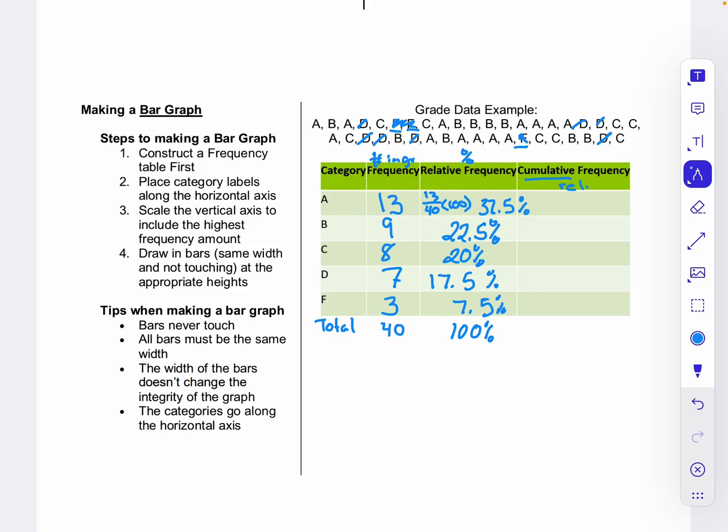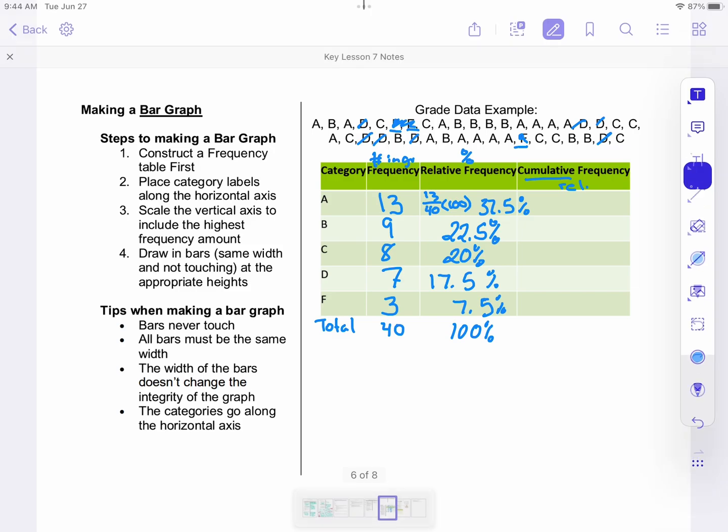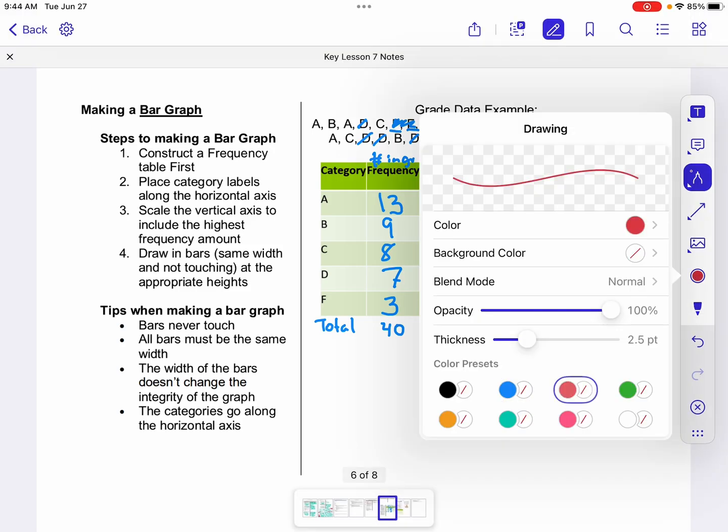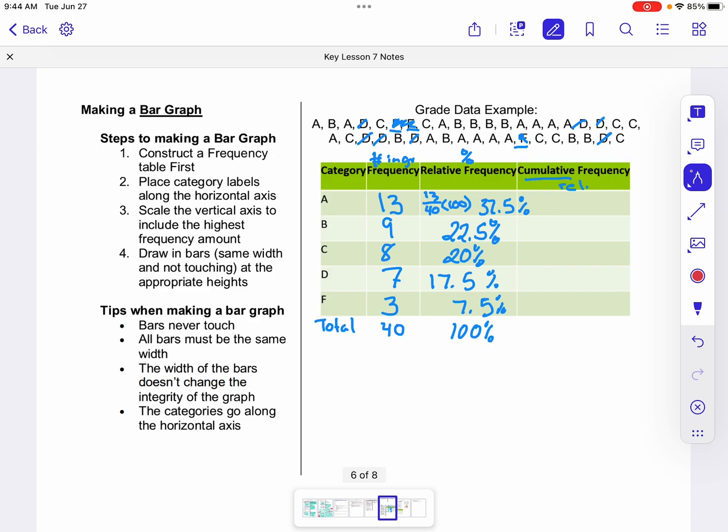Cumulative frequency without the relative in there would really just be adding up the frequency values. We're going to, for the most part, do cumulative relative frequency, in which we add up the percents as we go. What I mean by that is, I'm going to switch colors here just so we have a different color. The first row, we only have 32.5%.